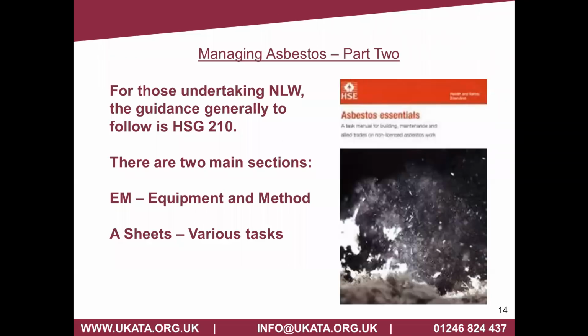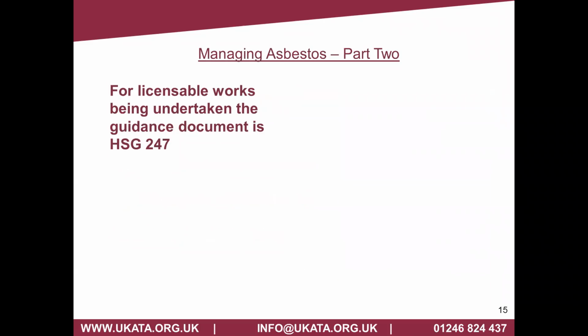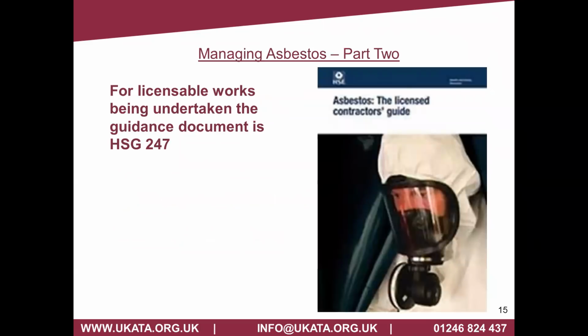And of course they are broken down into what the works will entail, how the work should be undertaken, all the control measures that are required, and what they need to do with regard to the waste and other aspects. For licensed contractors or licensable works, we have our own guidance document. That one is a document called HSG 247.